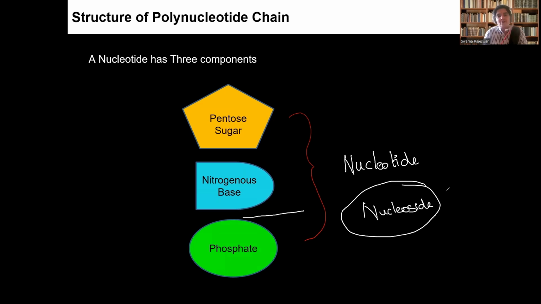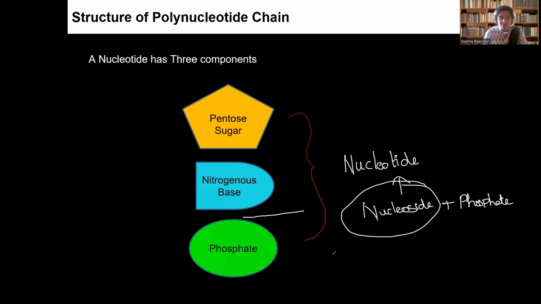And all three, pentose sugar, nitrogen base, as well as phosphate, we call a nucleotide. So we can write nucleoside plus phosphate is nucleotide, or nucleotide minus phosphate we call a nucleoside.